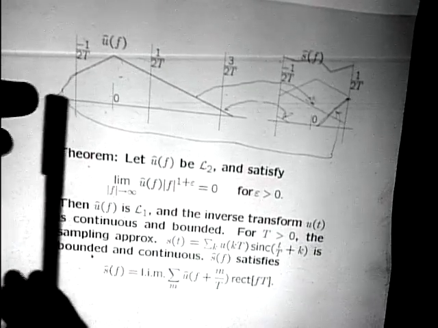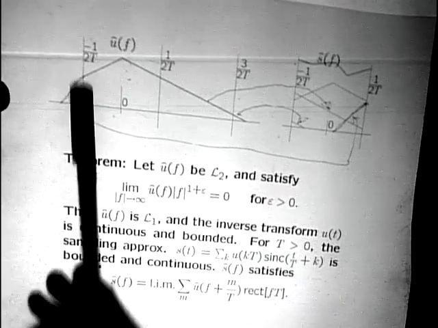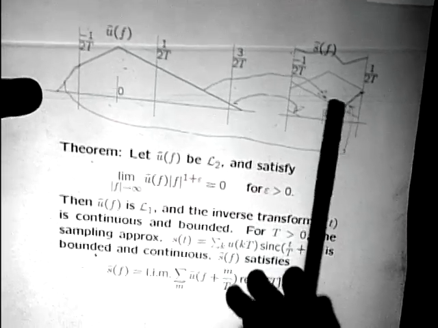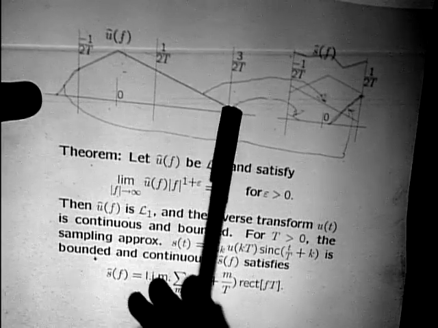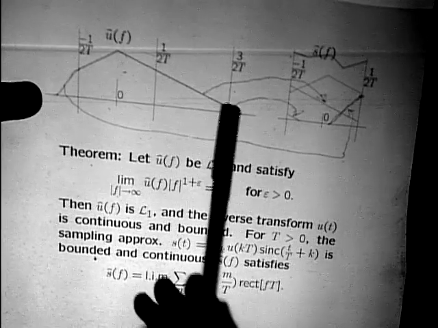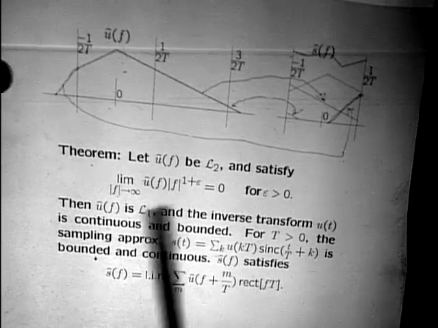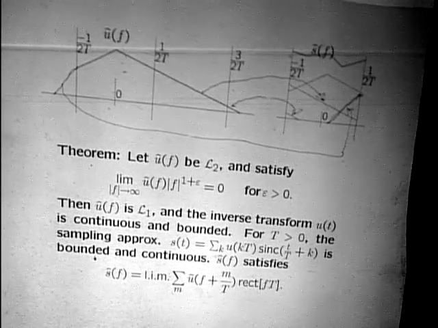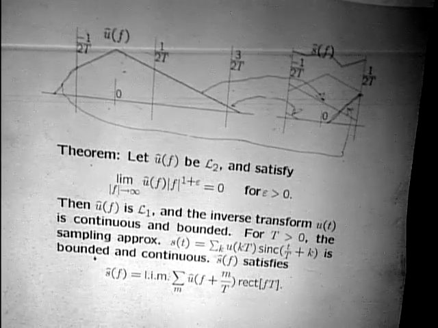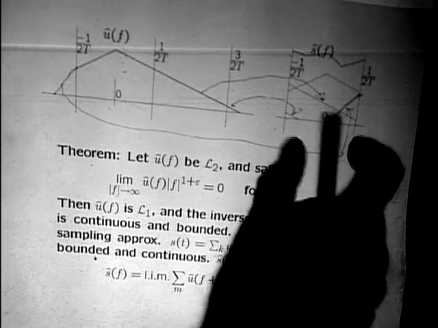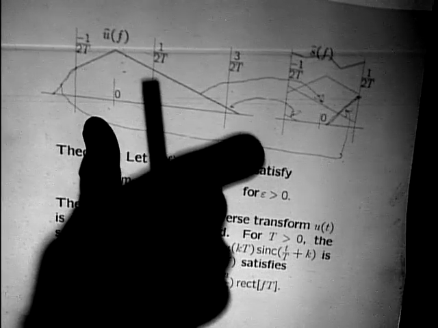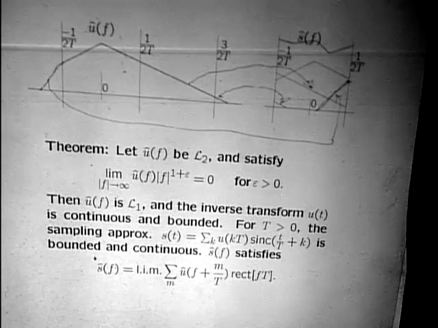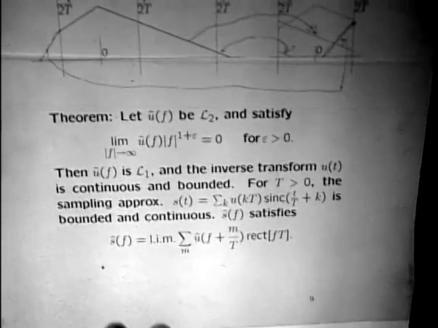And the aliasing then looks like the translation of something in this band stuck into the main band between minus W and W, translation of this stuck into the main band, translation of this stuck into the main band, and they're all added together in such a way that you can't tell which one came from where. So once you look at this, you can't go back to here. Which is why people call it aliasing. These things are all just mixed together, and there's no way to get back.